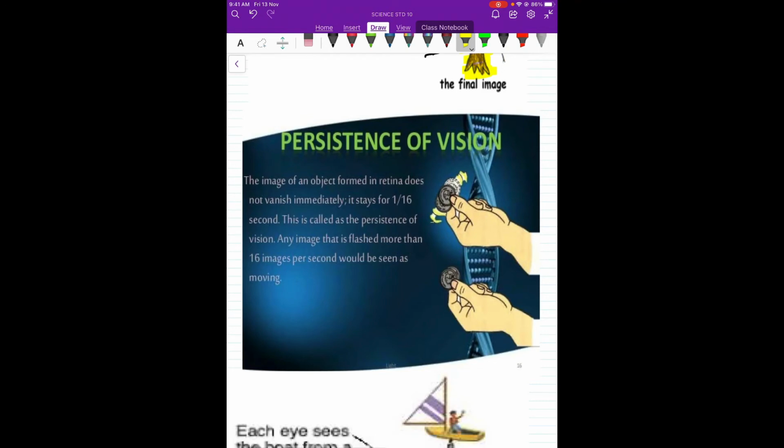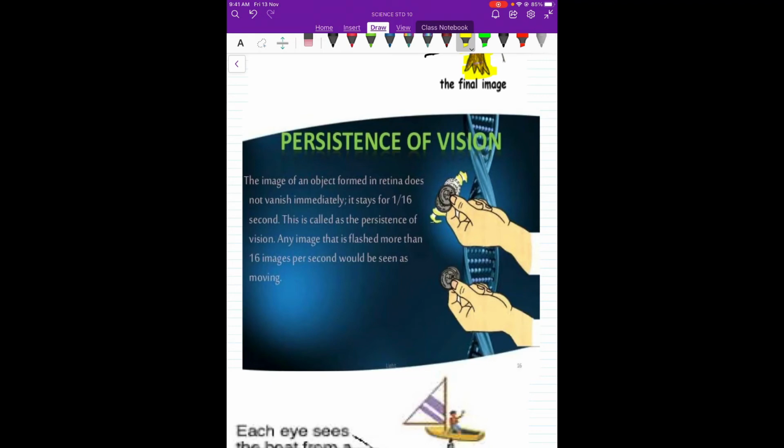Now we are always seeing still objects. The images are formed in our brain as still images, but when we see a movie or a camera or a serial or a mobile, we see images moving. Now how does that happen? That happens due to a phenomenon called persistence of vision.